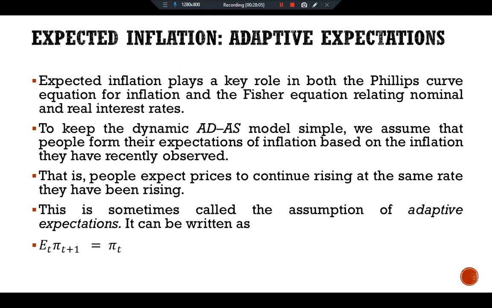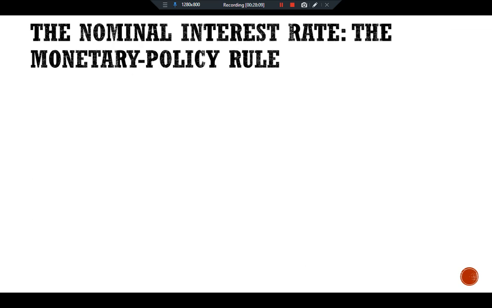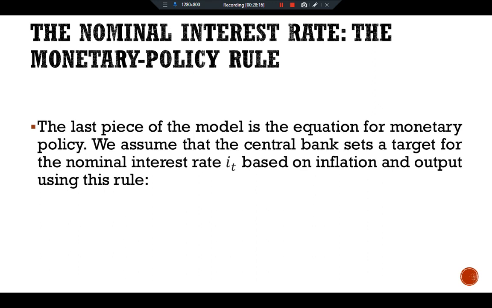Okay, moving towards our fifth equation, that is the nominal interest rate, the monetary policy rule. The last piece of the model is the equation for monetary policy. We assume that the central bank sets a target for the nominal interest rate it based on inflation and output using this rule.